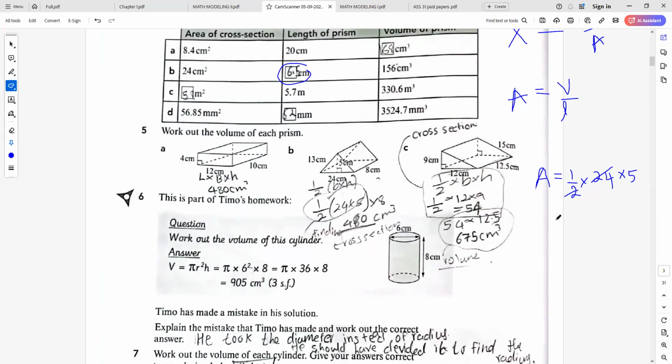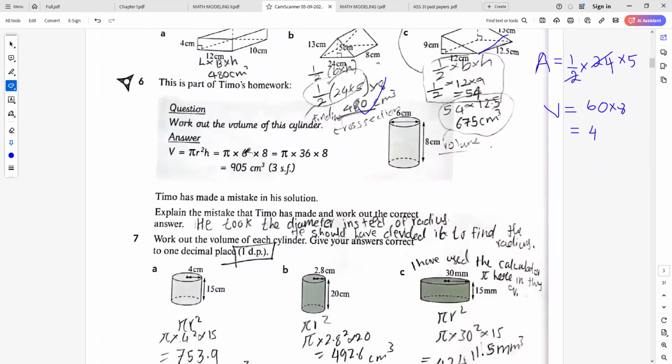So volume is equal to 60 centimeter square times the length, which is 8. So that would be 480 centimeter cube. Yeah, the answer is correct. Okay. Then here also, this is the base and this is the height. So first we have to work out the cross-sectional area, then you have to multiply the cross-sectional area by this length, right?